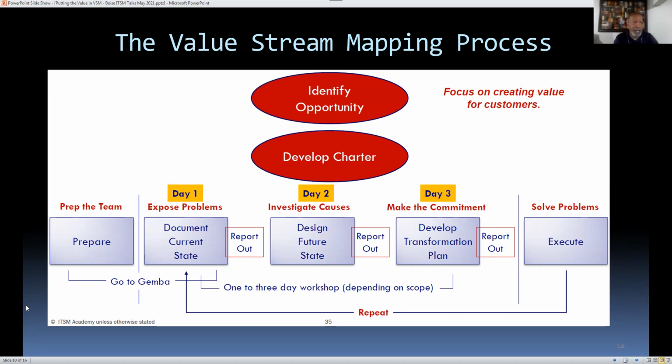We're going to be getting hit with different things to throw value stream mapping at, hence the term identify opportunity. And if this is something we're really focused on, we're going to have to prepare the team, help them understand what we're trying to get our hands on.